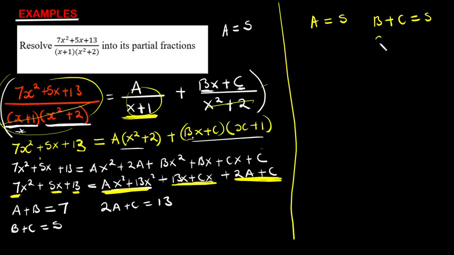Then another one, 2a plus c is equal to 13. And the other one, you have a plus b is equal to 7. Now I need to find the value of b.